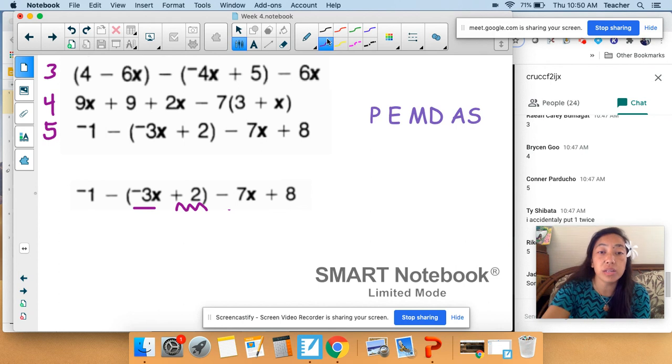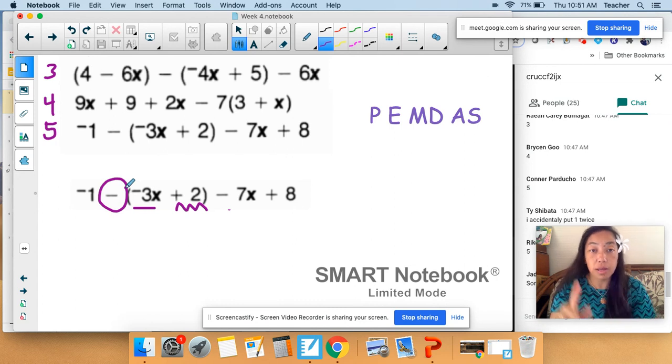What you need to do is look in front of the parentheses, and see what number is being multiplied to this whole parentheses. If there's a number out there, then we have to do the distributive property to multiply, and by doing so, it gets rid of our parentheses.